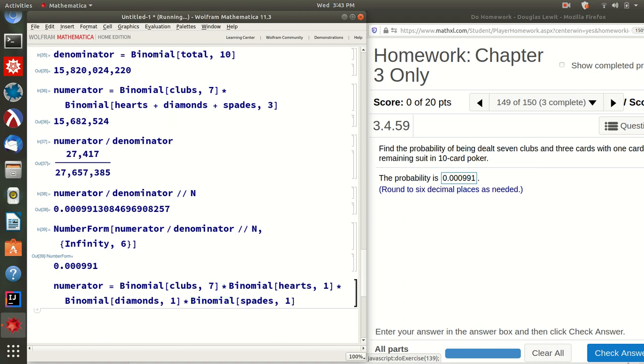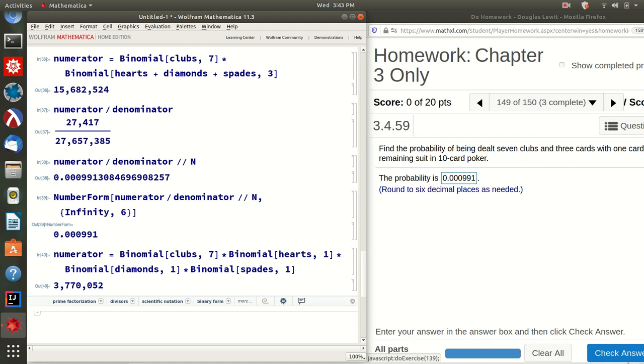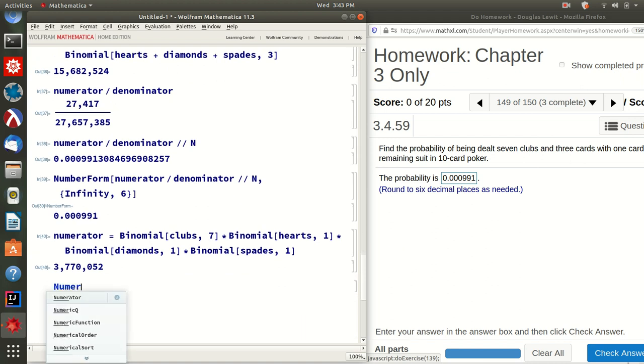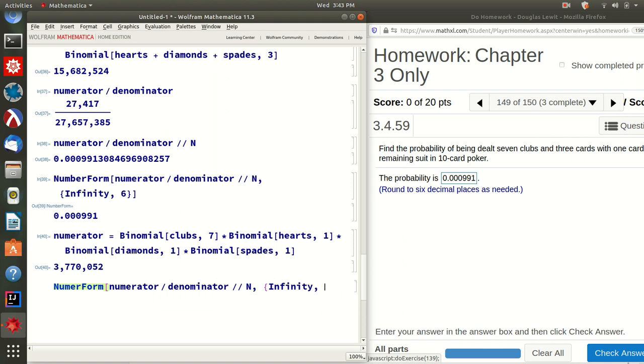That's a different number, so let's try this again. NumberForm, numerator divided by denominator, make it a floating point value instead of a rational expression, infinity, and I want my answer rounded to 6 decimal places.